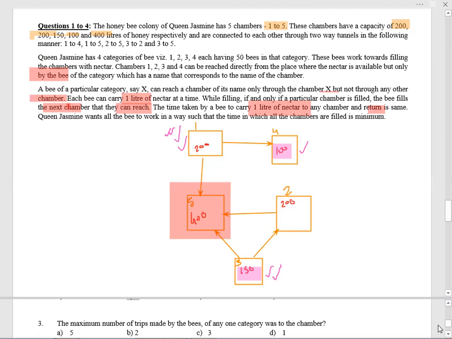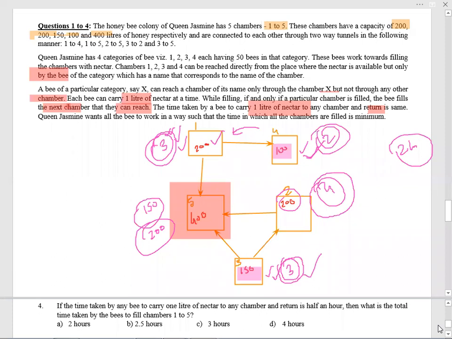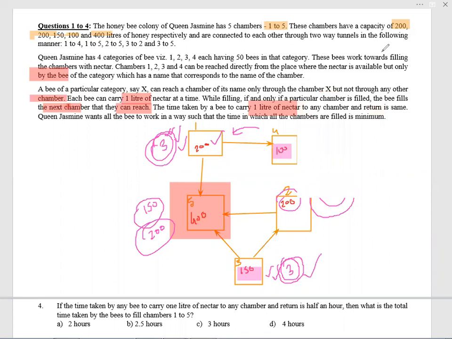Next 1 hour, 200 can be accommodated here. Is it filled up then? Why then? Okay.